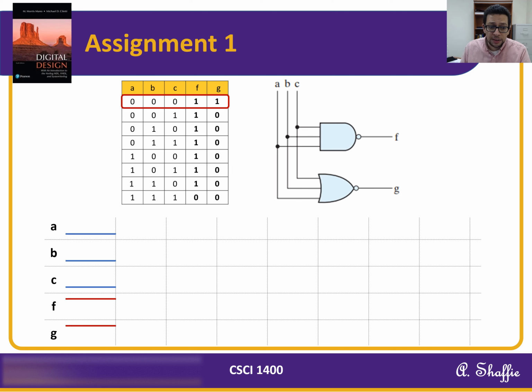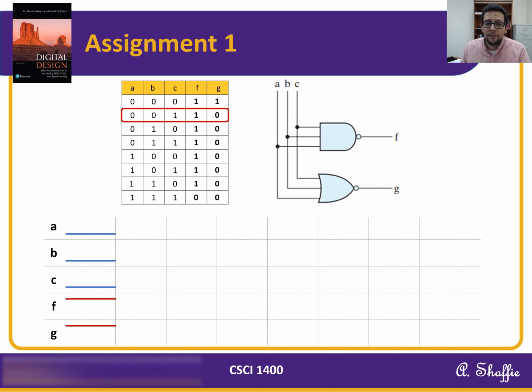Let's try the next combination. We have here 0, 0, 1. So I expect that the value of A will remain 0. So it will be still as it is. And for B, it will be 0, so it will remain 0. It is the same level.